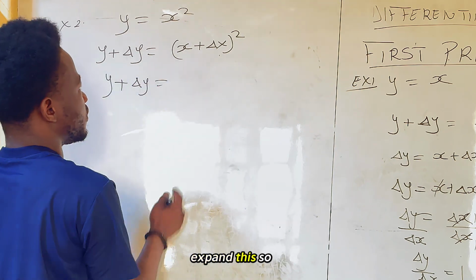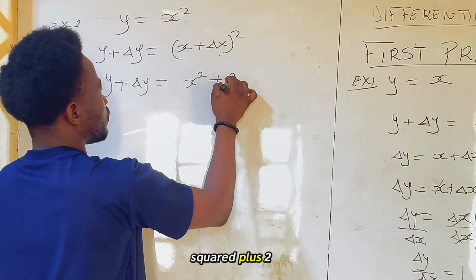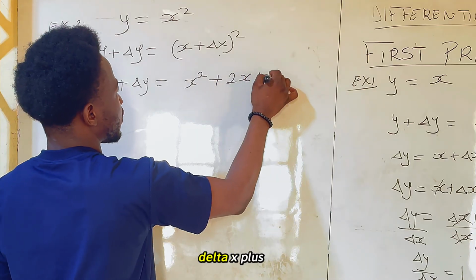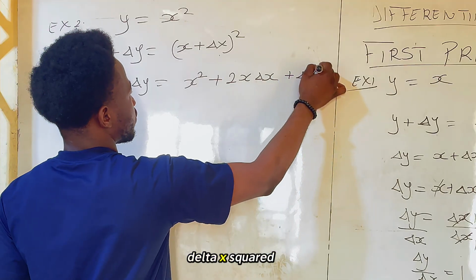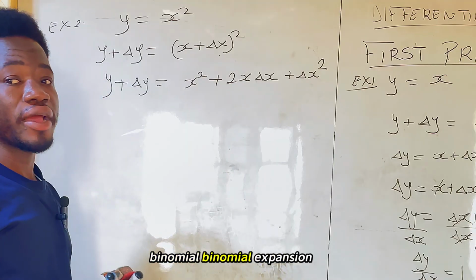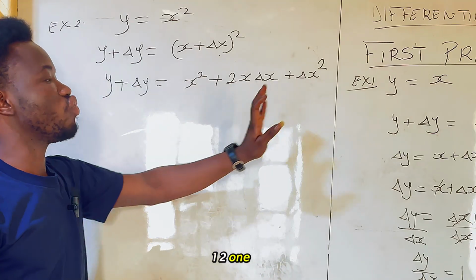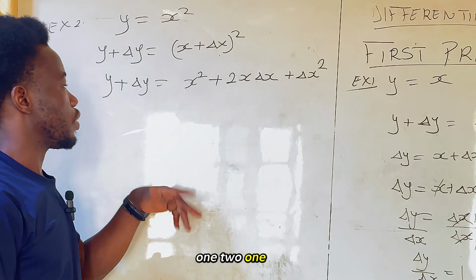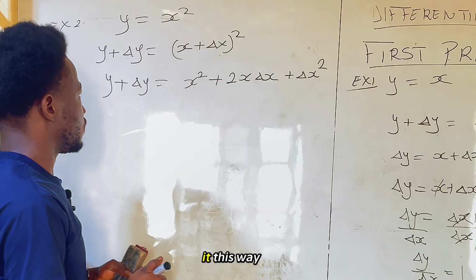We've got to expand this, so I'll have x squared plus 2x delta x plus delta x squared. From the binomial expansion, we're using the Pascal triangle. So I have 1, 2, 1.